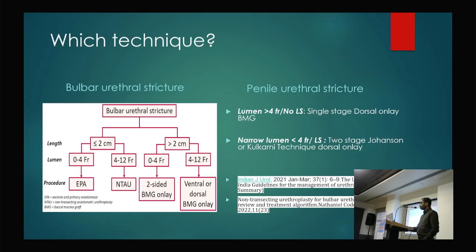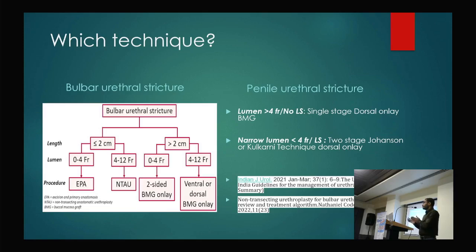by Dr. Kulkarni. There are a lot of theories, a lot of advances, a lot of procedures coming in bulbar strictures. So it is said that whenever the stricture length is more than 2 centimeter and we have a good lumen more than 4 French, either ventral or dorsal only should be considered.